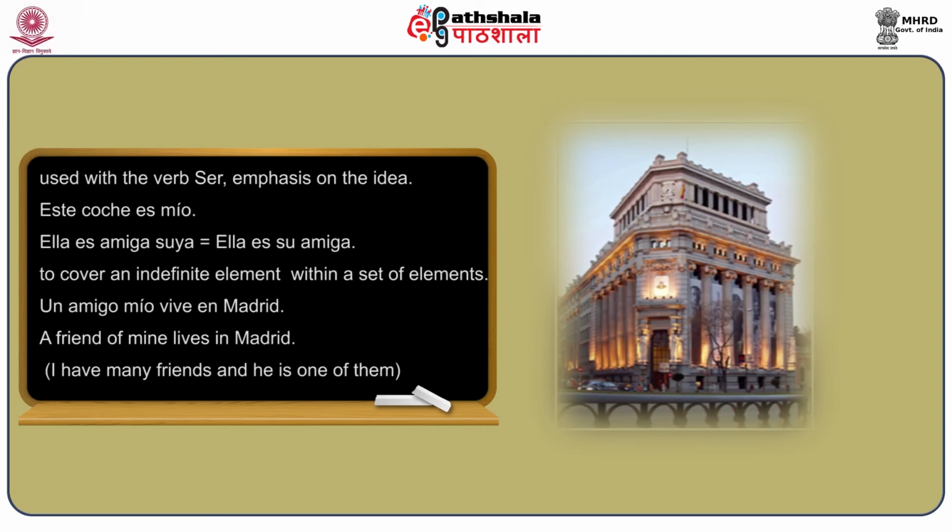And for example, if I say ella es amiga suya, it means that she is their or her friend. The same thing can be said as ella es su amiga, but just to put more emphasis, we can put this determiner after the noun. If we put it before the noun, then the other possessive adjectives will be used, that is mi, tu, su, etc. And after the noun, it will be mío, tuyo, etc.